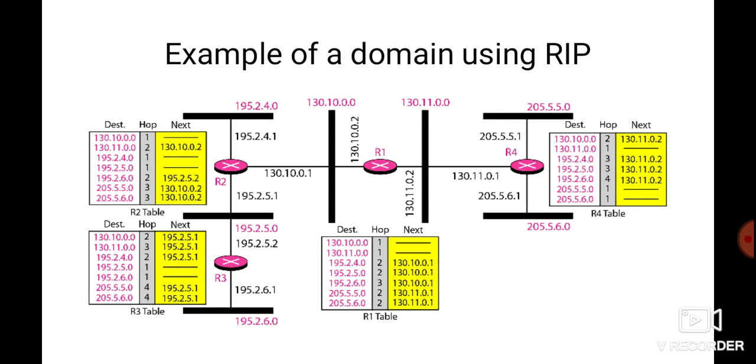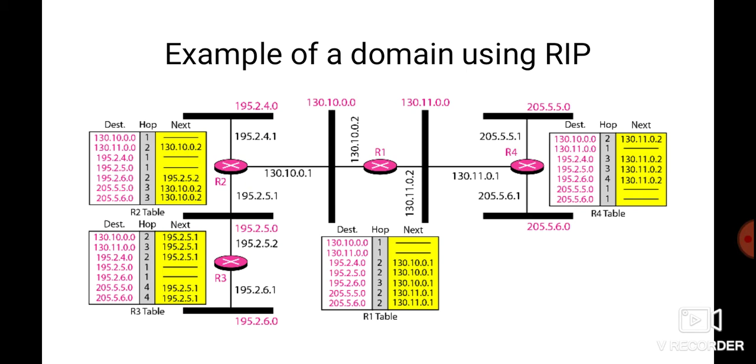Infinity is defined as 16, which means the maximum hop count in RIP can be 15. The next node column defines the address of the router to which the packet is to be sent to reach its destination.